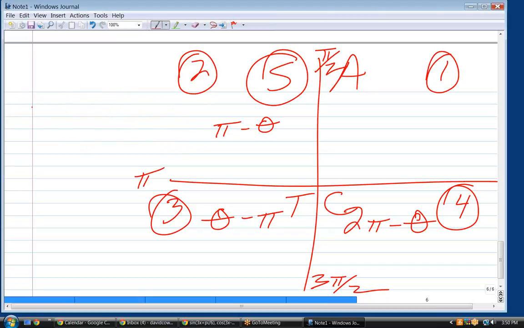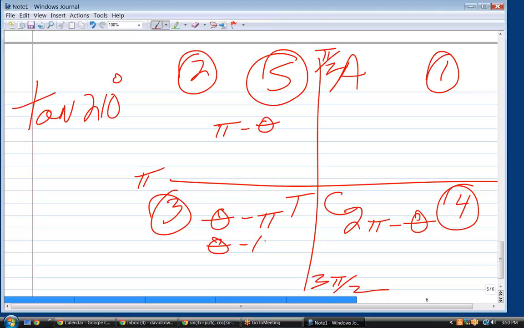What's the tangent of 210 degrees? It's in the third quadrant. Okay, and it'll be positive because it's tangent. And what's its reference angle? It is 30 degrees, because you'd want to substitute 180 for pi.